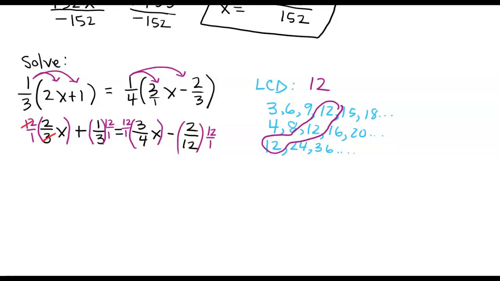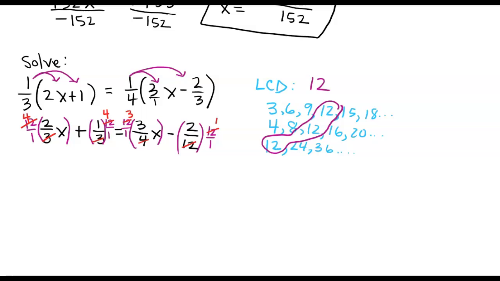So 3 will divide into 12 4 times. 3 divides into 12 4 times. 4 divides into 12 3 times. And 12 divides into itself once. Then on the next line I'm going to rewrite it so that I have my new equation without the denominators.